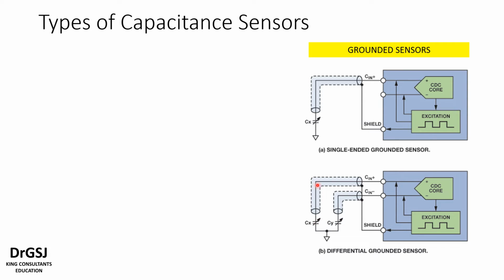Each one of them can be given to the positive and negative terminal inputs of the CDC core, represented by Cin plus and Cin minus. The shield of these two capacitance traces is protected such that your excitation voltage does not cause any coupling capacitance present for the grounded sensors.